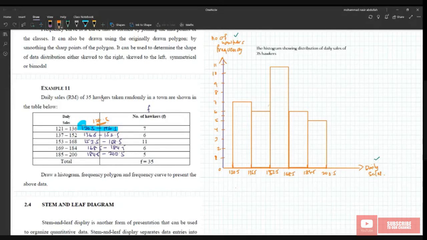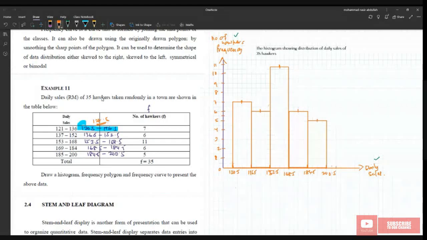So we will point a midpoint for each height of the bar. So this is going to be your midpoint, right? And this is going to be our midpoint as well. This is our midpoint. So then the next step is we're going to connect these midpoints. We're going to join the midpoints together, right?